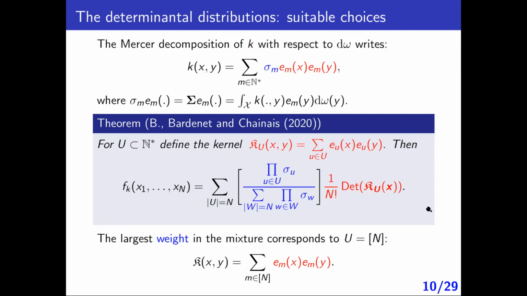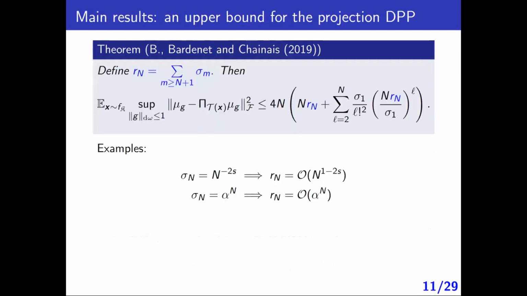So we have now fixed this notation, and the main reason why we choose this one is because we can prove a theoretical result. So I will give you the result. We define Rn as the sum of the rest of the eigenvalues.